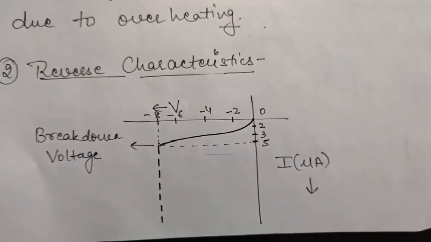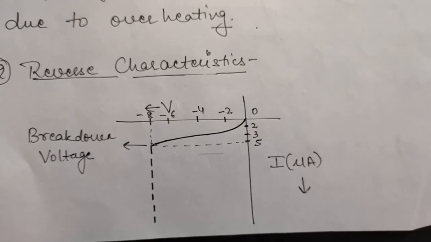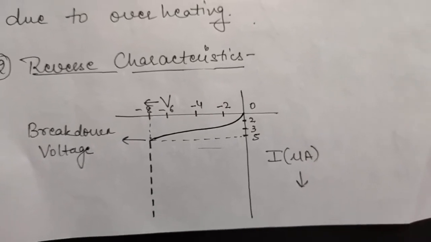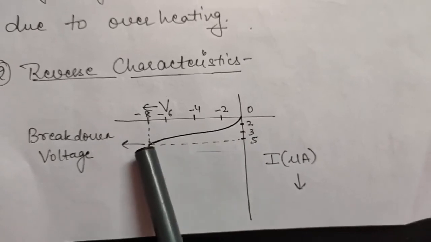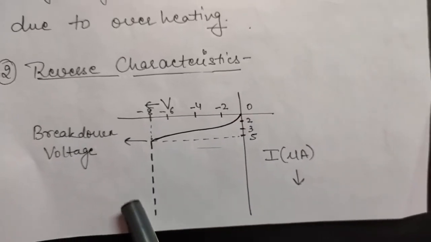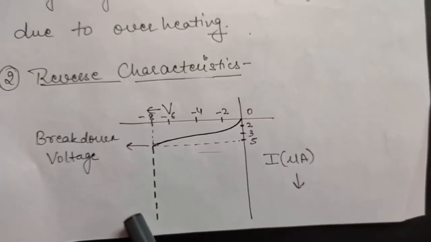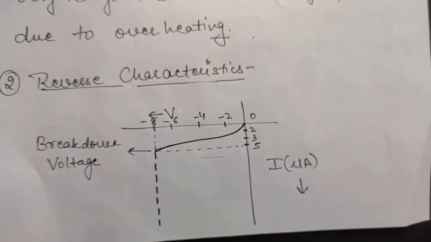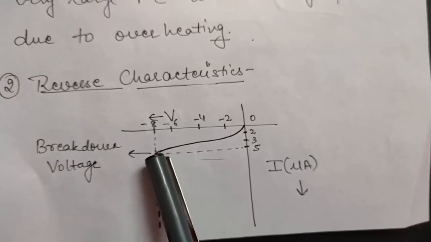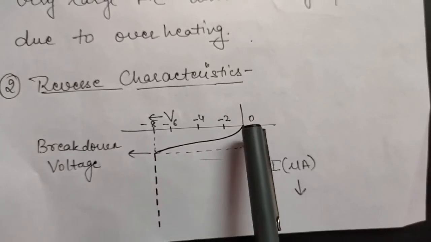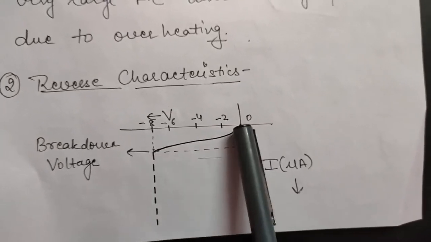So whenever we do practicals or use a practical p-n junction diode, we only get this region in the graph. We never get this region, because if you got it, that would mean your p-n junction has been destroyed. So we will never get this region when doing practicals. We only get this region in the graph.